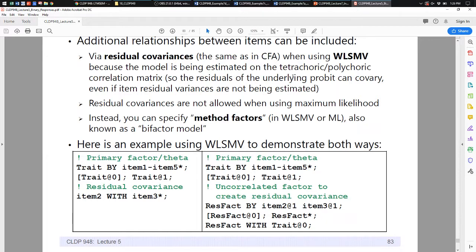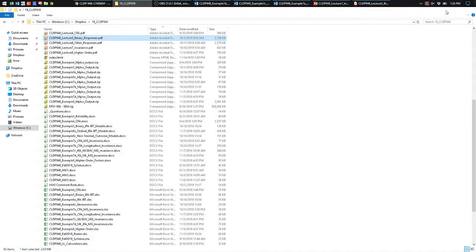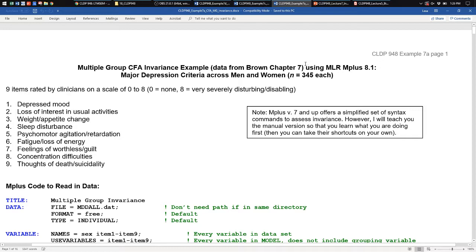All right. One thing that I've had a few questions about is specifying location parameters in CFA versus IFA, since we're going back and forth in this invariance unit trying to link the two.